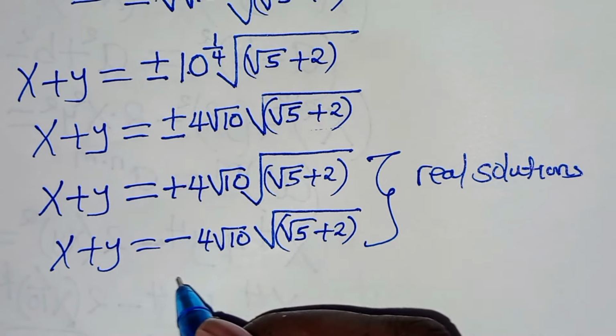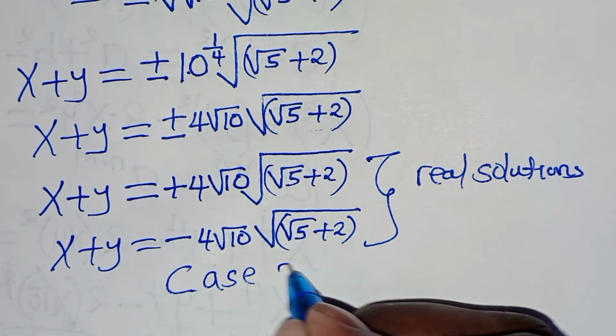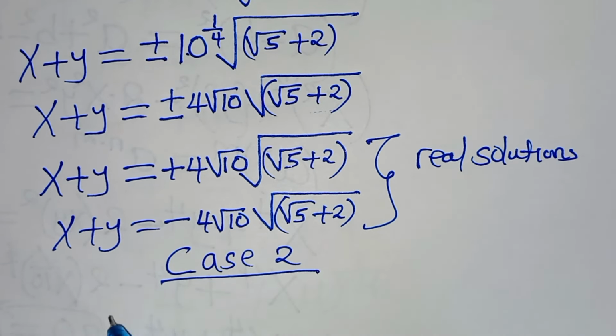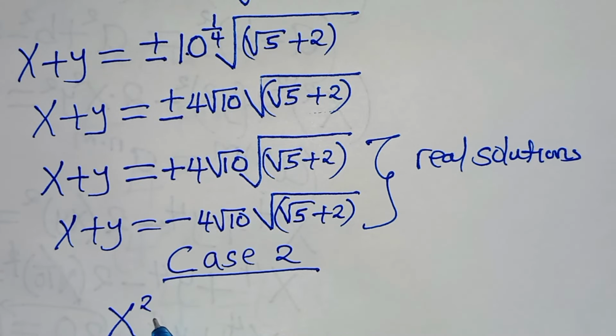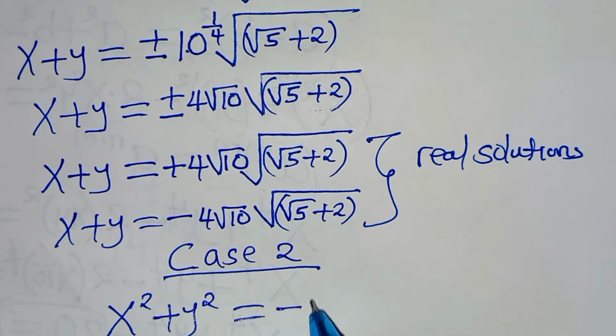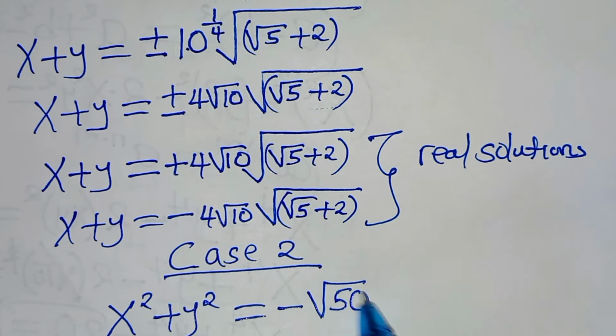So let's check case 2 from here. In case 2, we have x squared plus y squared equal to negative root 50 from here.